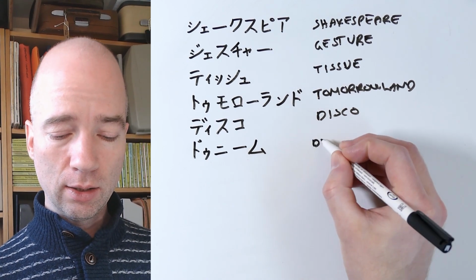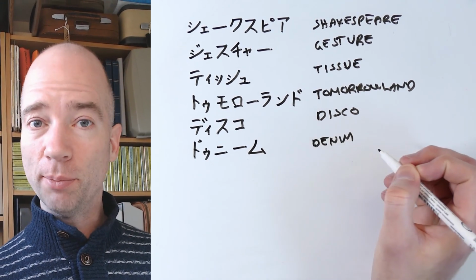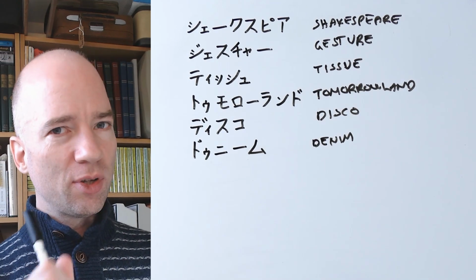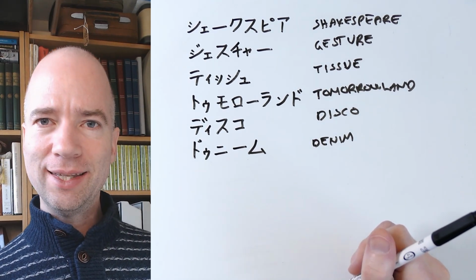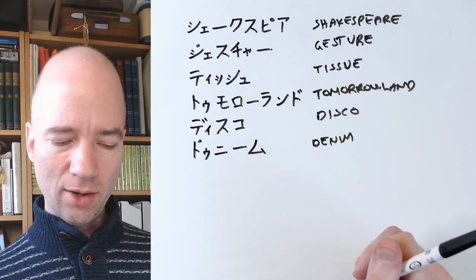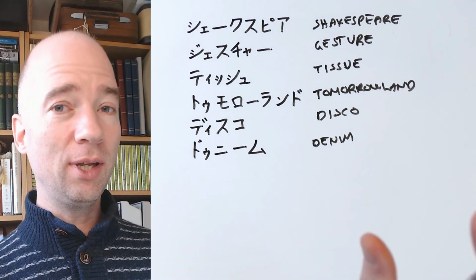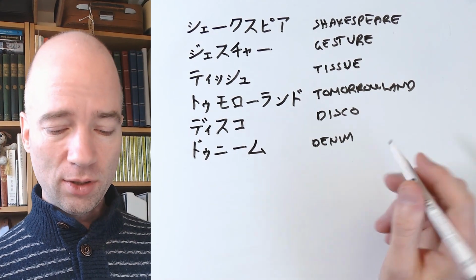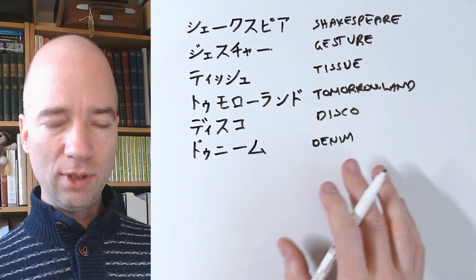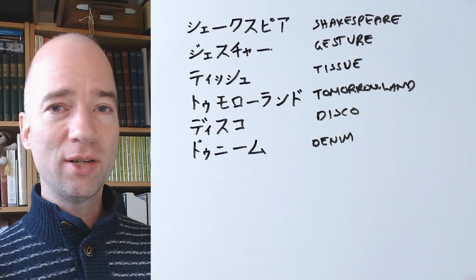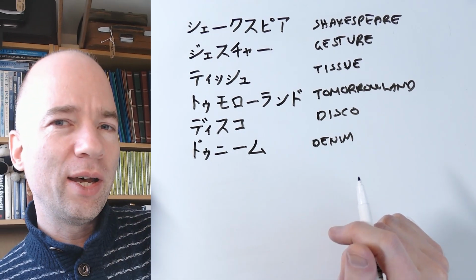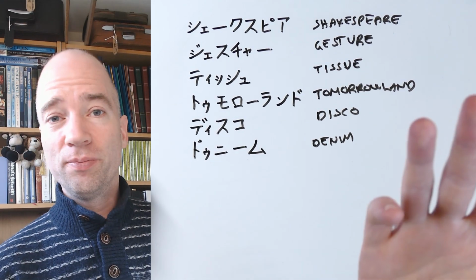That is denim in Japanese. Now you would perhaps think, why isn't that denimu in Japanese, because that is something that easily could be done in Japanese? But it's dunimu. Why is it dunimu? I don't know actually, but it is possible that it is from denim.